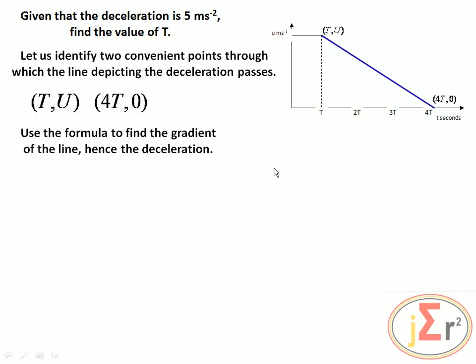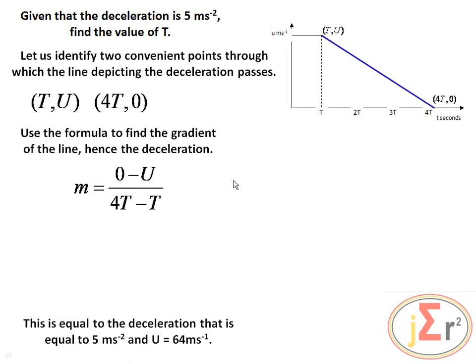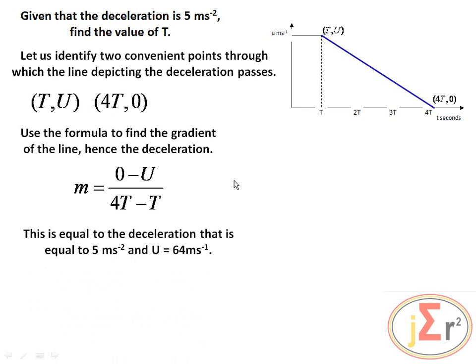And of course, we know the value of u from the previous example to be 64 meters per second. Of course, let us find the gradient as usual. So we have 0 minus u over 4t minus t. And this is equal to the deceleration, that is equal to 5 meters per second squared.